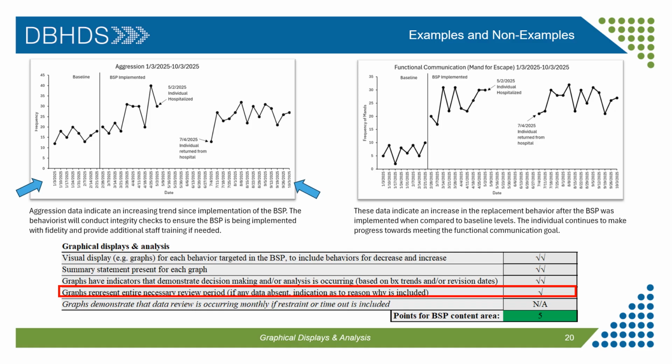In this case, the individual was hospitalized. We can see that this plan scored 5 of the possible 5 points in this section of the BSPARI addressing graphical displays and analysis, and the plan is in adherence with the practice guidelines.